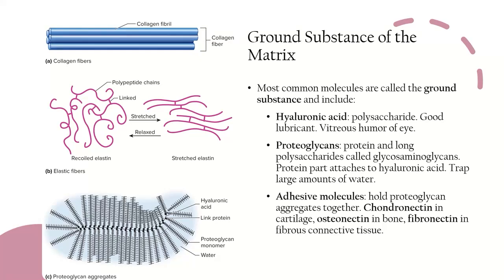Your meniscus has a lot of proteoglycans to attract water into your meniscus and your knee to make it more cushiony, to cushion physical forces. Then you have other adhesive molecules: chondronectin, osteonectin, fibronectin. These are proteins in specific tissue types that help those cells adhere to the extracellular matrix themselves.